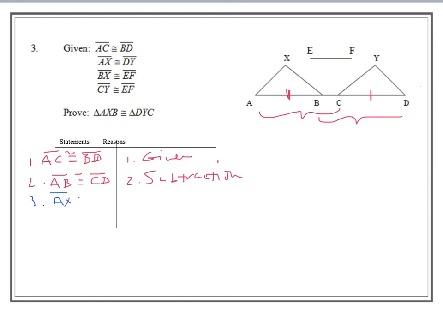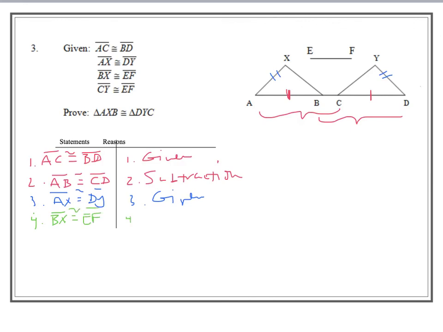Let's keep moving on with our next piece of given information. AX is congruent to DY. Let's mark that. AX is congruent to DY. That's given. Now the next couple pieces of information are a little bit unusual. BX is congruent to EF.